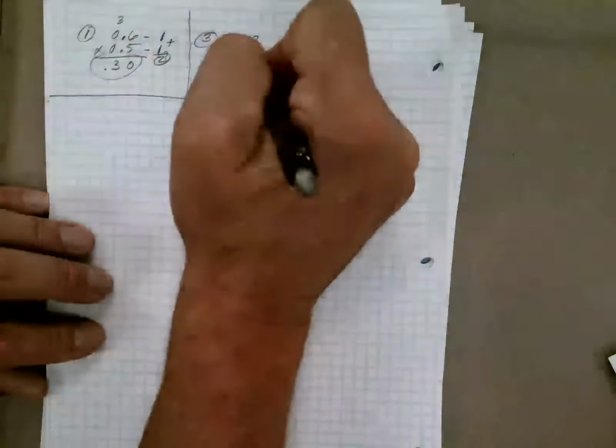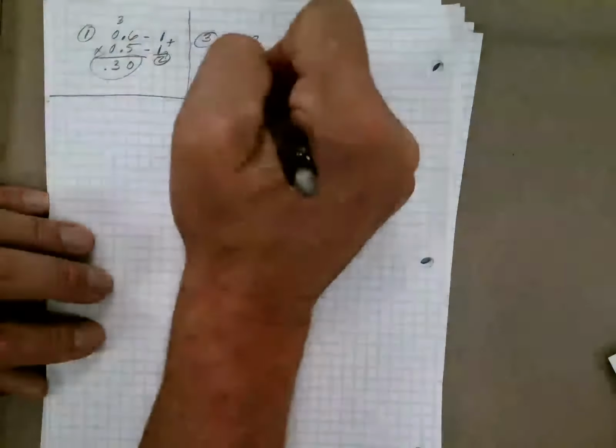So let's move on to number 5. I'm going to do 5 over here because I have these holes in my paper. Number 5 reads 3 hundredths times 9 hundredths. What you're going to notice is that I'm going to put the 9 hundredths on top and the 3 hundredths on the bottom. 9 times 3 is 27.